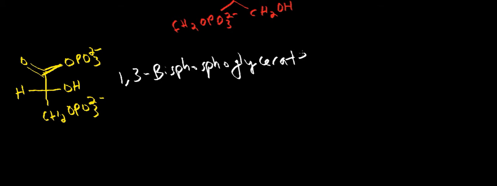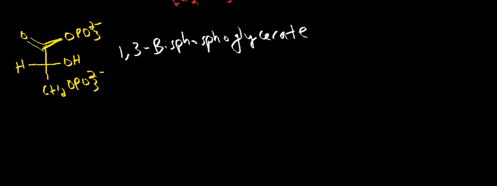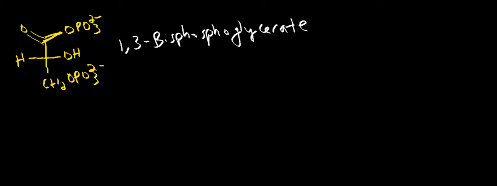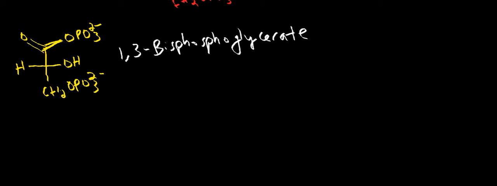All right. Now, from 1,3-bisphosphoglycerate, what do we go to? We go to 3-phosphoglycerate, okay? And I'll draw that for you down here. So we have O minus. And that negative charge can actually go from this oxygen right here back to this one.